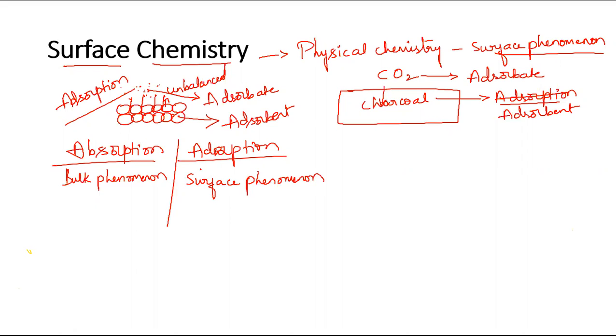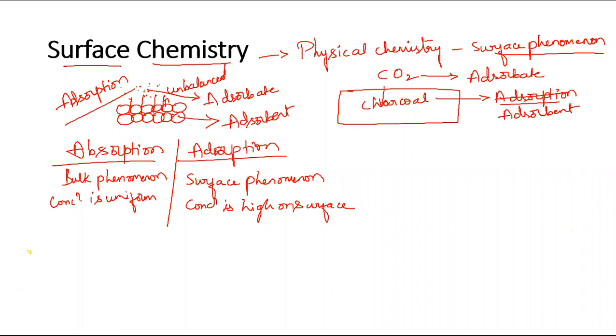That is the difference. Here the concentration will be uniform. The concentration will be uniformly spread throughout the substance, whereas in adsorption it is not uniformly spread. The concentration is high only on the surface, not in the bulk, so it is not uniform.